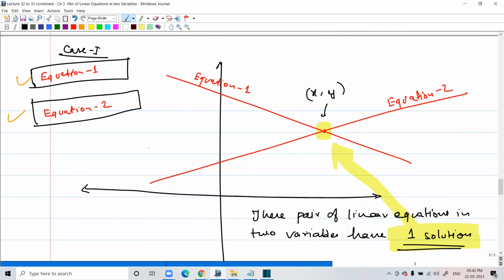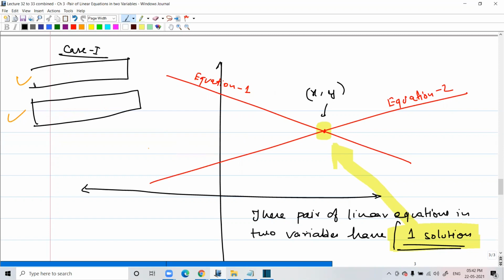This is the first case. If we have two lines, there is a possibility that those two lines will intersect somewhere. They will go and meet at some single point. Whenever that happens, if they meet at one single point, then we say that this pair of linear equations has one single solution. They have only one solution. Yesterday I just wrote them as equation 1 and equation 2.